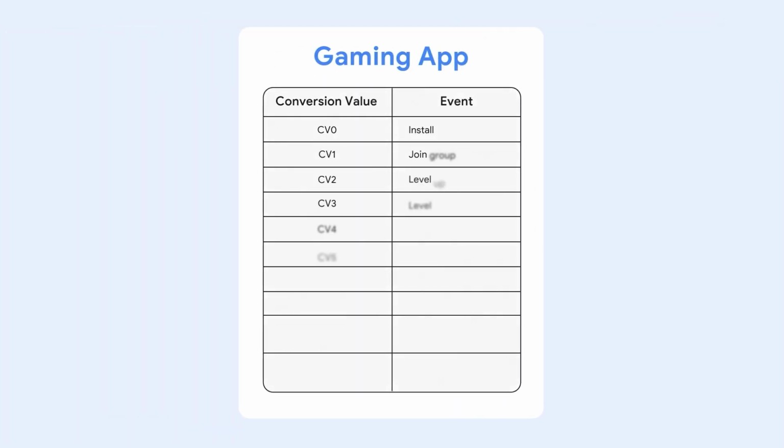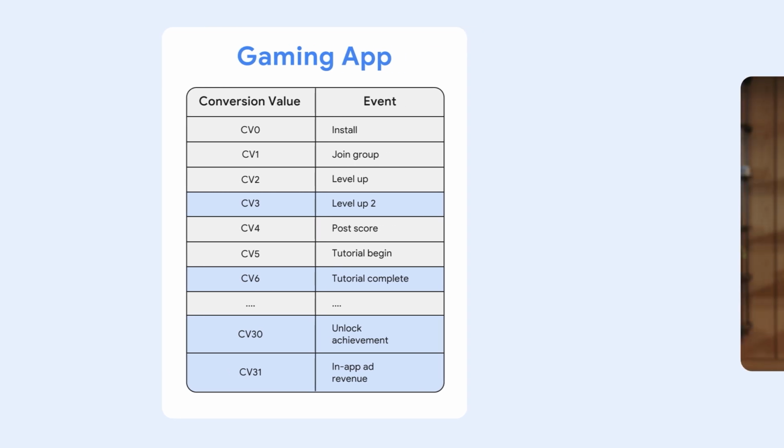In these cases, you can leverage conversion values to measure key in-game events like reaching certain levels, completing tutorials, or unlocking specific achievements, and to also measure different tiers of ad revenue. This also allows you to optimize campaigns towards users who are most likely to engage deeply with your game and generate higher revenue, ultimately maximizing your overall return on ad spend. Regardless of your optimization strategy, don't forget that it's critical to include your campaign's biddable events in your schema.